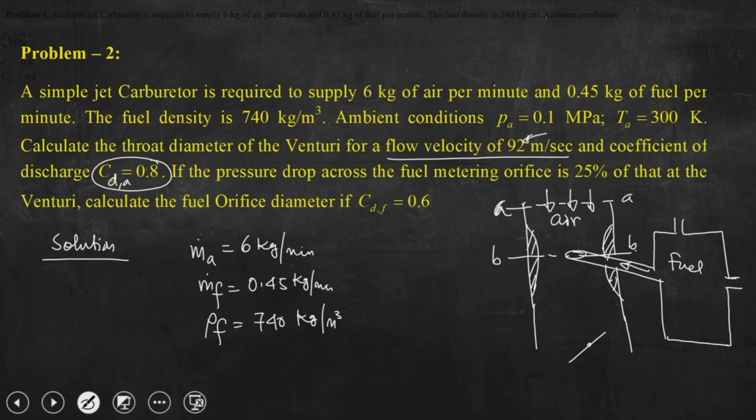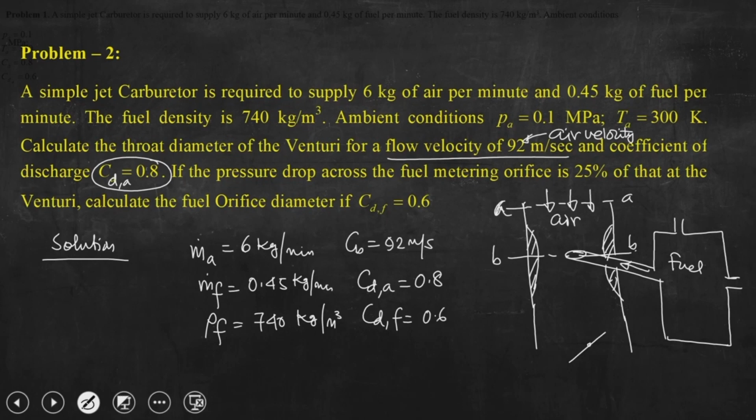So, this is the air flow velocity, basically CB, 92 meter per second. This is the velocity of air at section BB, 92 meter per second, and CDA, that is 0.8, CD comma F, that is 0.96, 0.6.